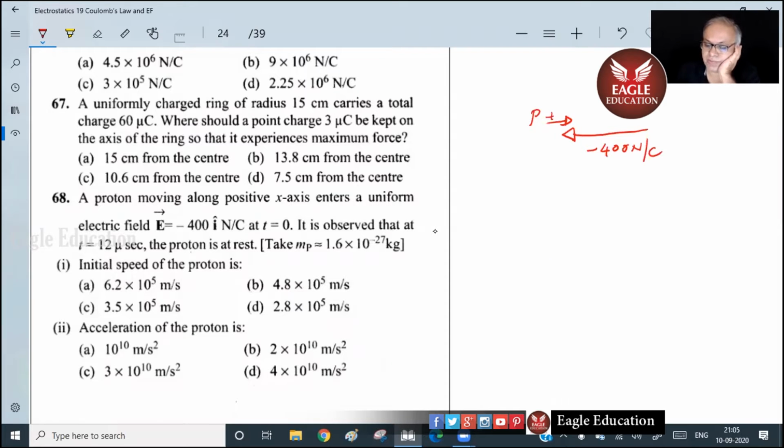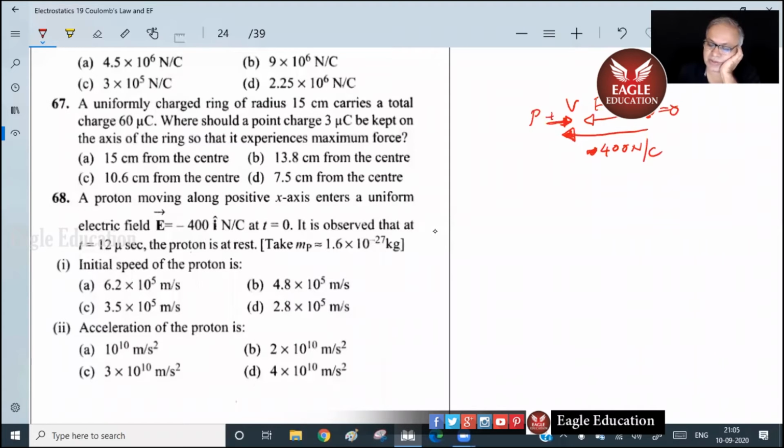If E is in this direction, this is 400; I need not put minus because it is given this way. The proton comes with some initial velocity like this, so E will apply a force in the opposite direction. The proton decelerates and comes to rest at some place.